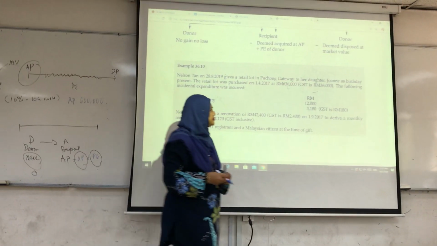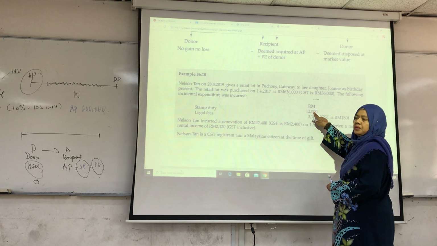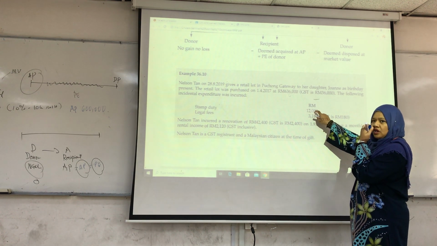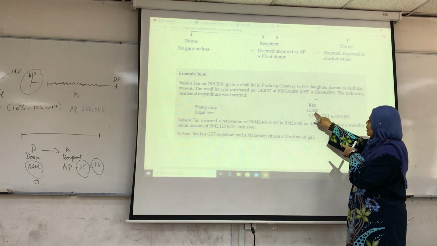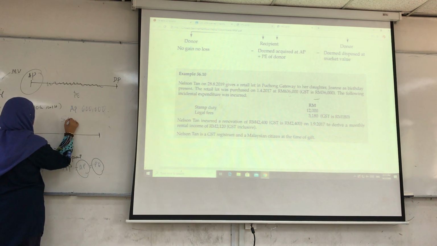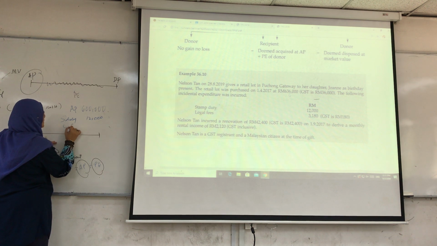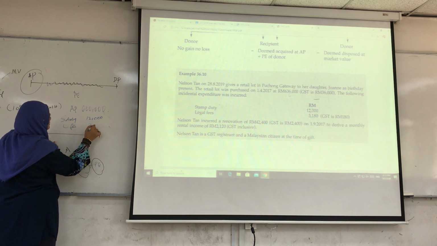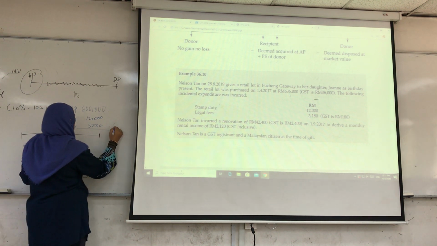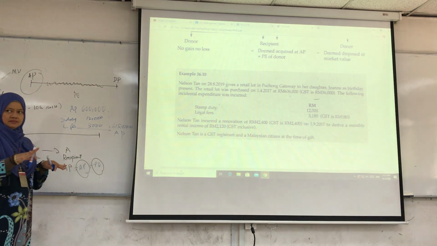Is the stamp duty 12,000 PE? No. Hold on. This one is the AP incidental cost on the acquisition price. So you have stamp duty of 12,000, and then legal fees of 3,000. So the total here is 615. That will be the acquisition price of the donor.